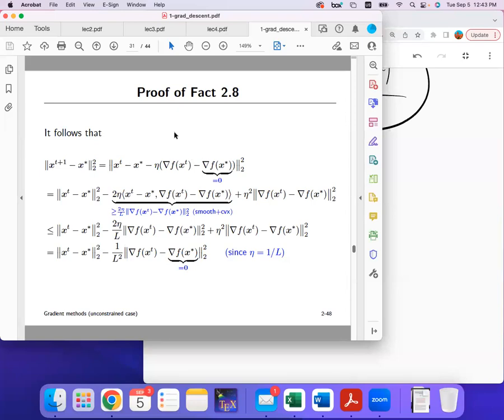I can expand it just like expanding quadratic terms of scalars. I view this as one term and this as a second term. I will have the first term to the power of 2, and the second term to the power of 2, and then in the middle the cross term. So it's minus 2 times the dot product of these two terms. It's just the expansion.